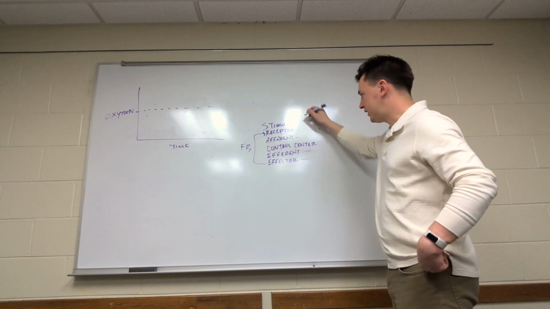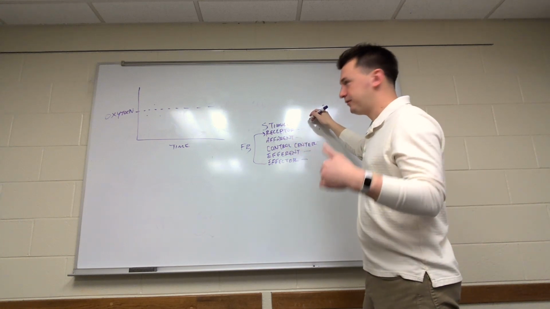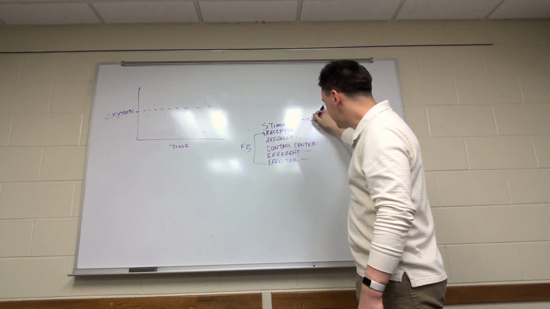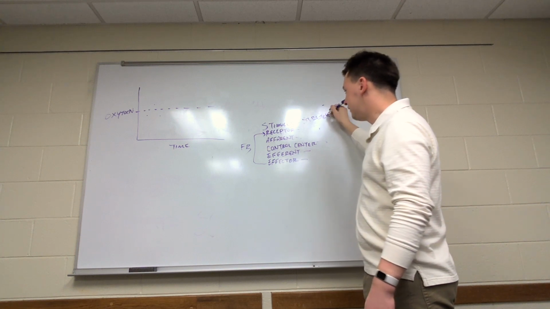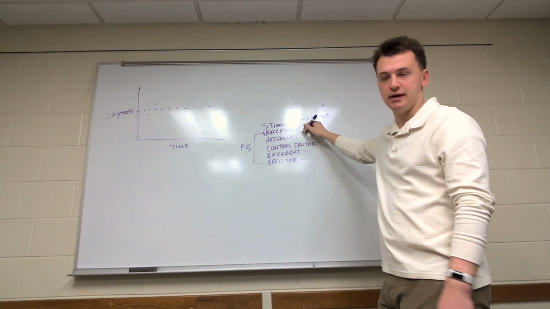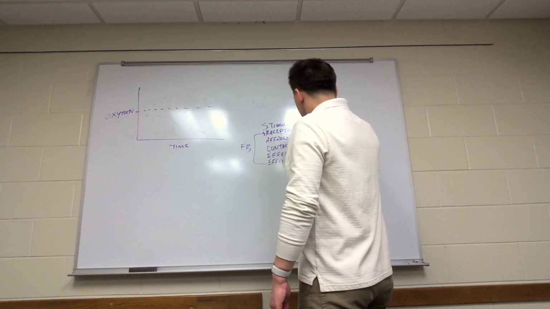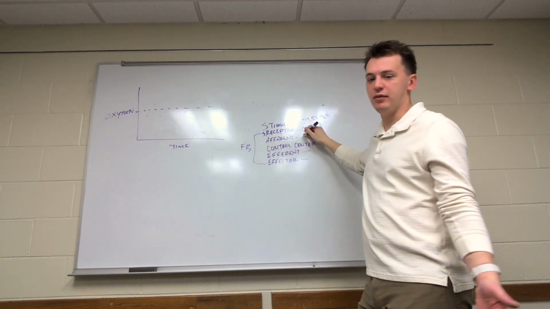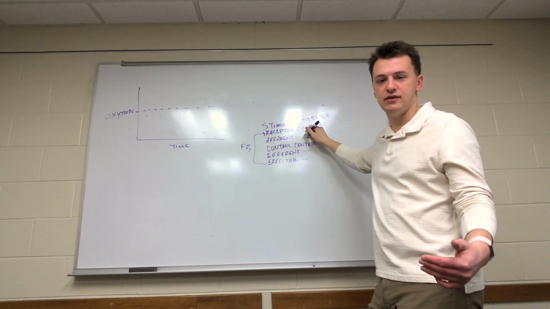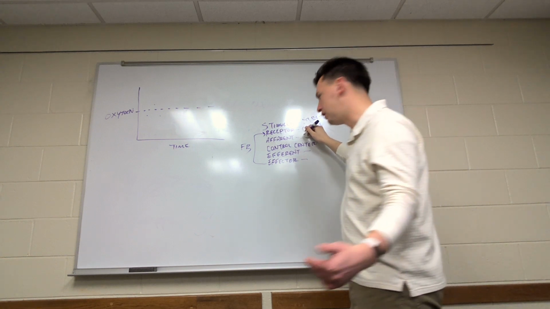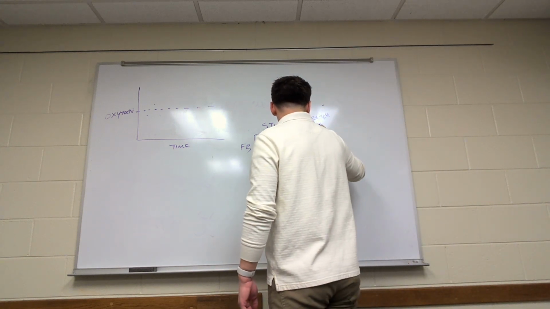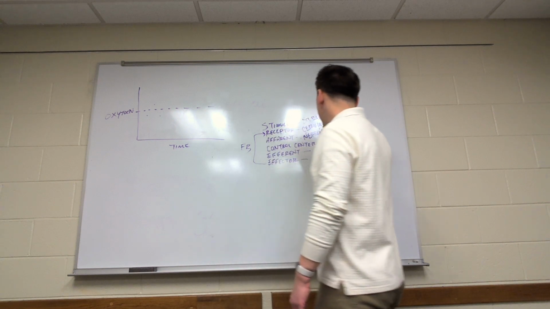So we have a stimulus, and that's the baby pushing. It's kind of like a stretch. And then the receptor would be the cervix that the baby's pushing on. And then the afferent would be the neurons going to the brain saying, hey, this is what's going on in the cervix.